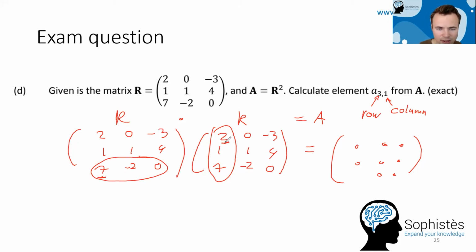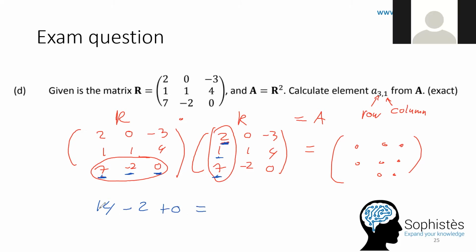So 7 times the 2 gives me 14. Negative 2 times the 1 gives me negative 2. And then 0 times 7 gives me 0. You agree with that? Yeah, I get it. Very good. Thank you. You're welcome.